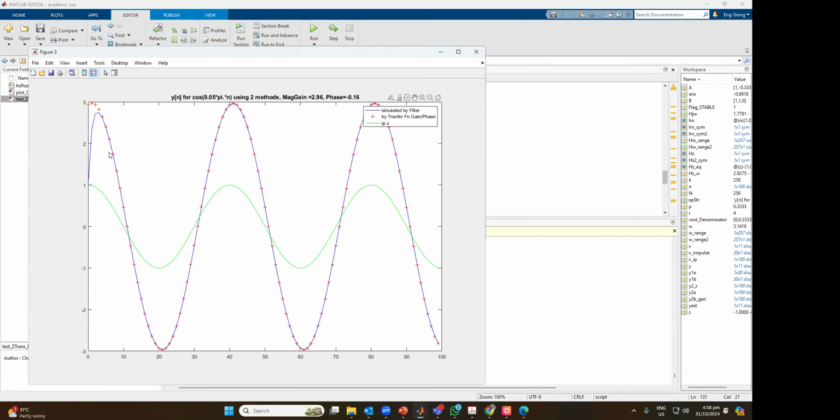You see that the blue, the initial front part, is not correctly outputted. It is because the filter is relaxed initially. Until the buffer, the memory of the filter, fills up, then it becomes constant. So this is the transient condition due to zero initial condition.